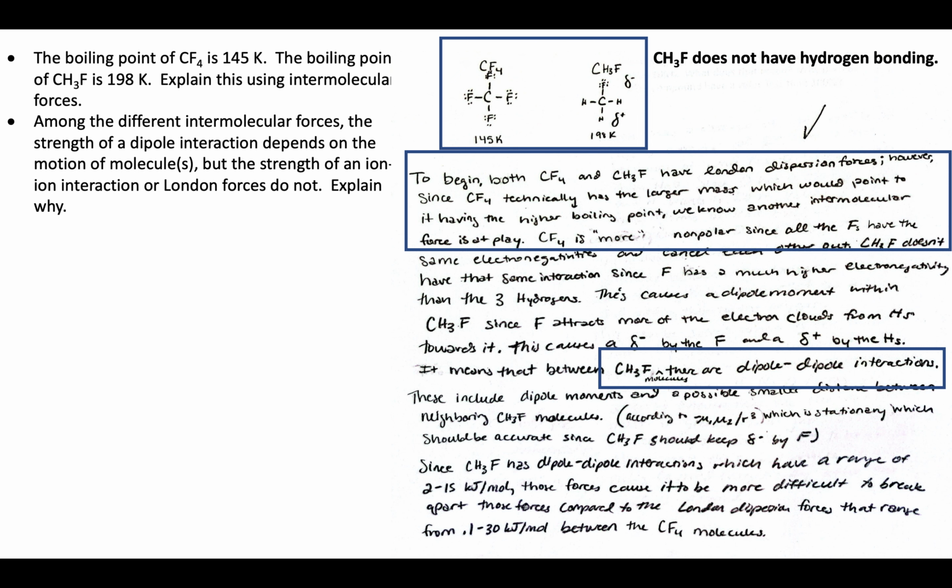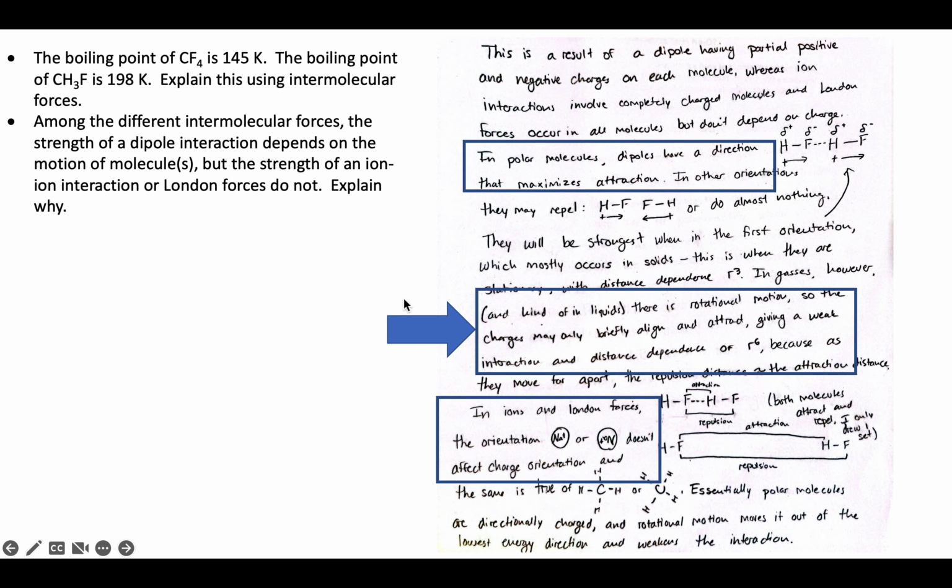For the last one, looking at the strength of the attractions as it pertains to the motion, this was a very strong response right here. Thinking about the directionality in a polar molecule, how we have a positive side and a negative side. Thinking how motion then will influence that.